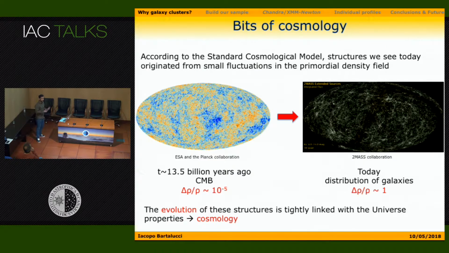So, if we are able to study the evolution of these structures, which means basically how these things ended up like this, we are able also to do cosmology, because we know that the evolution of large-scale structure is tightly linked to the properties of the universe itself.